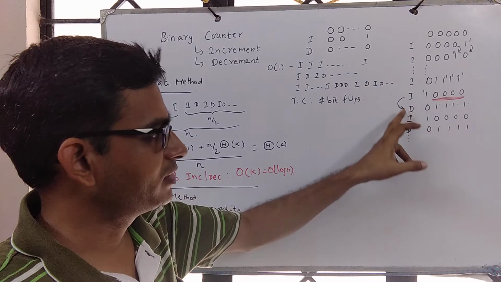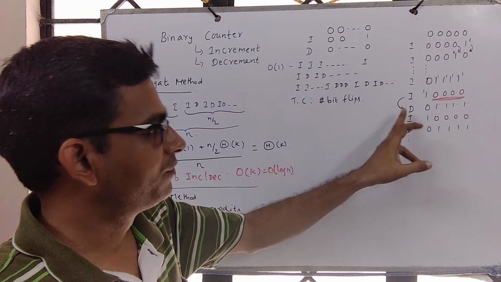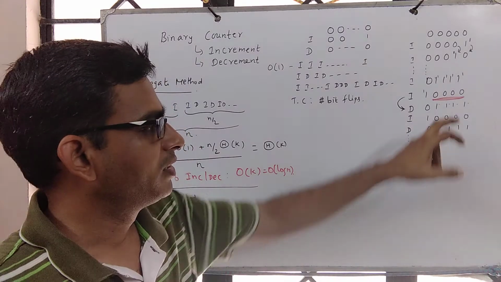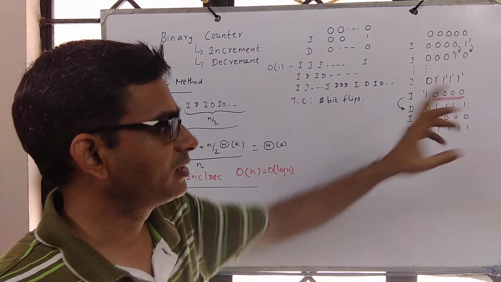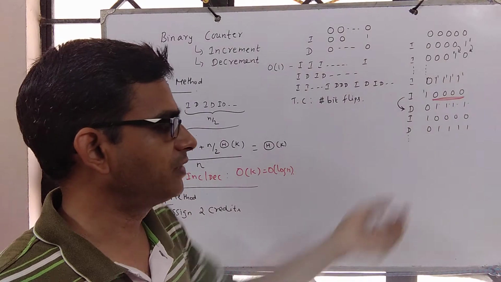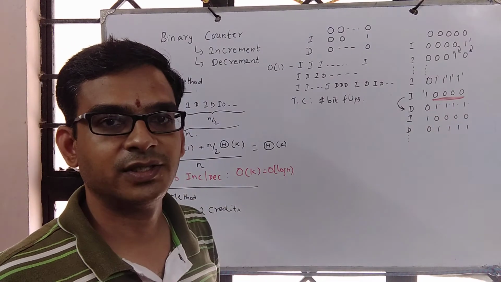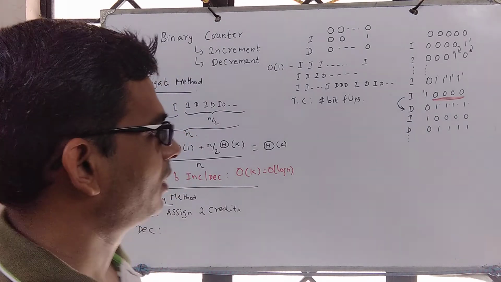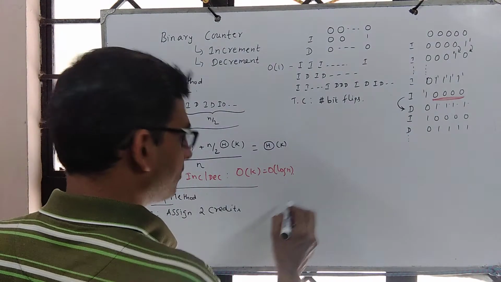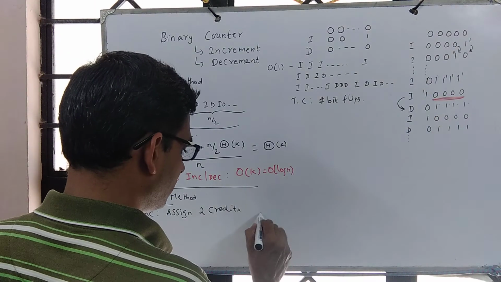So how do we charge the decrement? First, the decrement operation should be carried out, and we have sufficient credits left with the framework, or the number of credits left is the same as the number of ones in the data structure. So keeping these two, what we do is the following. This itself gives you the picture.